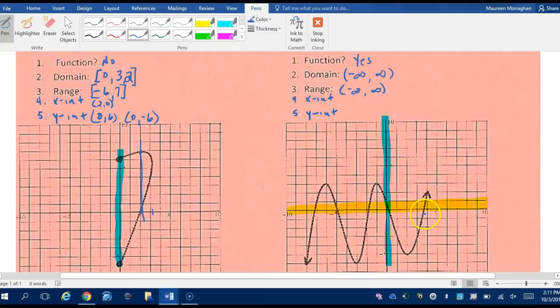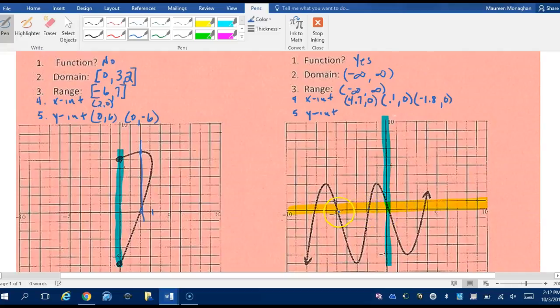X-intercept, where does it cross the x-axis? Well, it looks like it crosses at 4.70, crosses at 0.10, crosses here at -1.80.